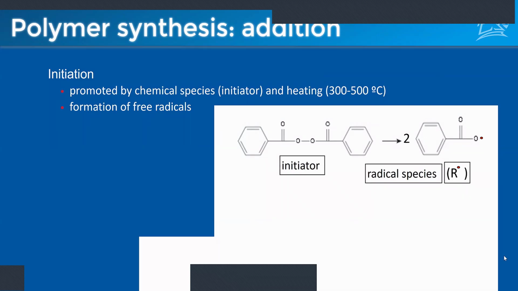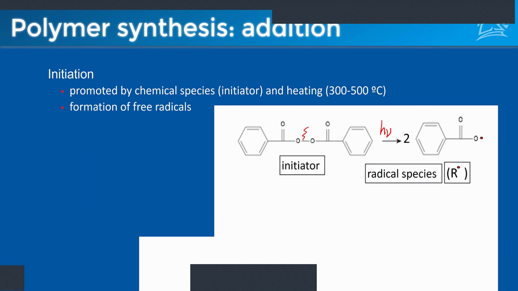Okay. So let's step through how we do a polymer synthesis with the addition reaction. We need this molecule called an initiator. An initiator might look like this, kind of a symmetrical molecule. If we apply some energy here, the initiator will split into two molecules that we call radical species.